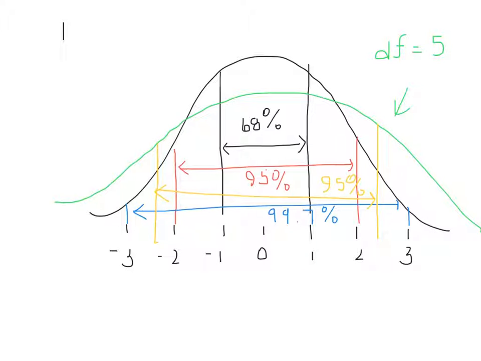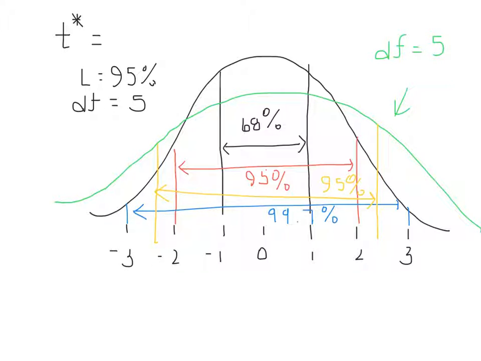Now, that number of standard deviations is known as our critical value, which in many textbooks is referred to as t star. Well, if my level of confidence is 95%, and I took a sample of 6, which gave me degrees of freedom equal to 5.